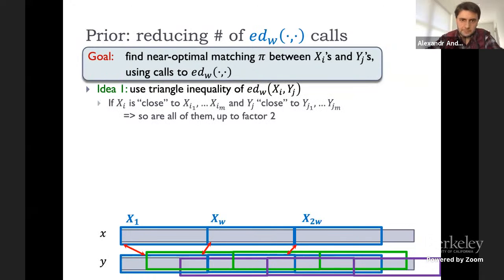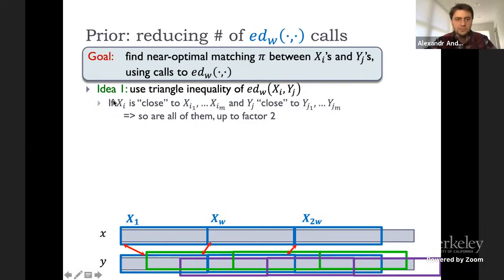Here's where the real ideas come. Idea 1 is the following: we can use the triangle inequality on the edit distance on strings of length W. This is very cool. In a sense, we're using something a bit more specific about edit distance, but it is a distance, so it satisfies the triangle inequality, and we can make deductions about the edit distance of length W for pairs of substrings which we don't compute directly.